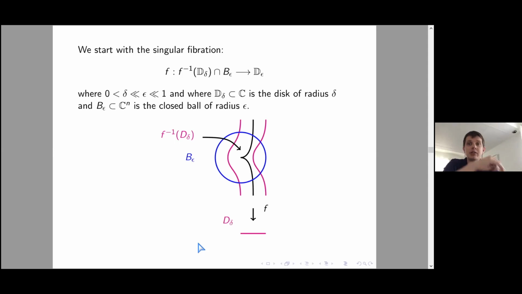So this is the picture. I'm interested in this region here, the blue region intersected with the purple or pink region here. And so this gives you some sort of fibration with an isolated singular point at 0.